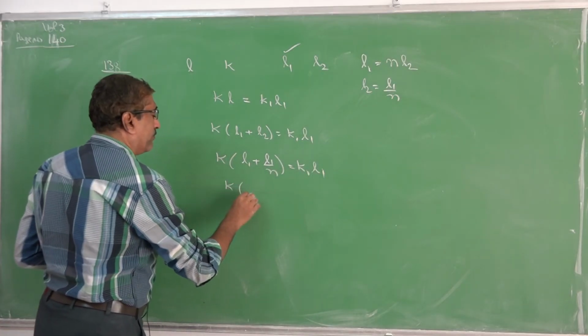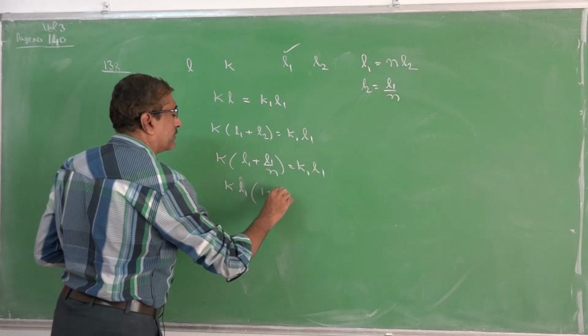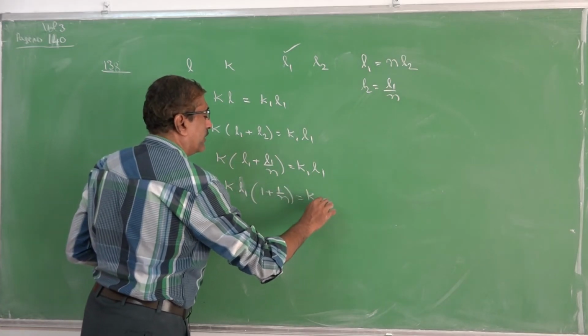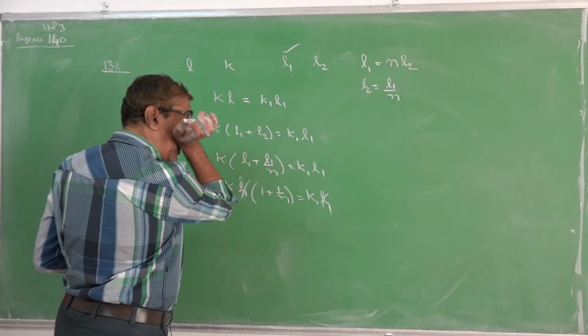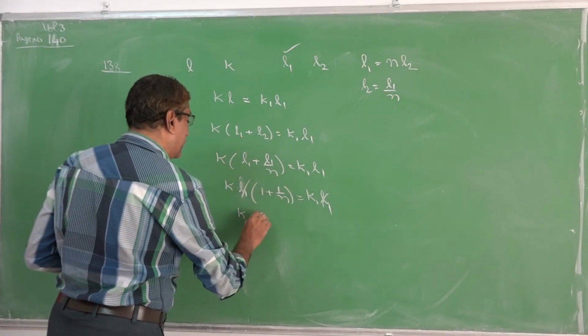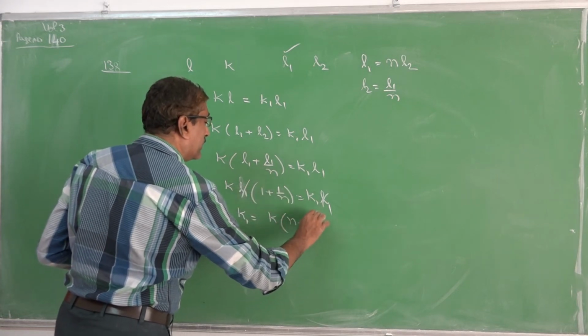So K L1 into (1 plus 1 by N) is equal to K1 L1. So K1 is equal to K into (N plus 1) by N.